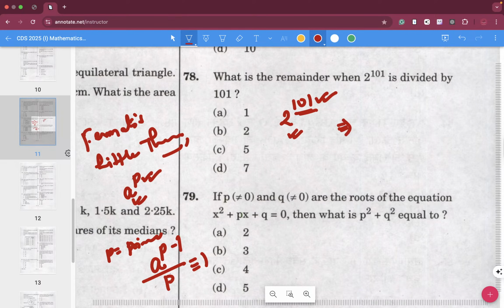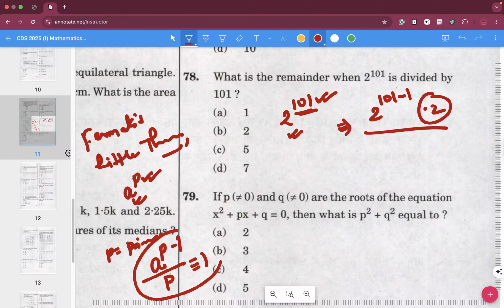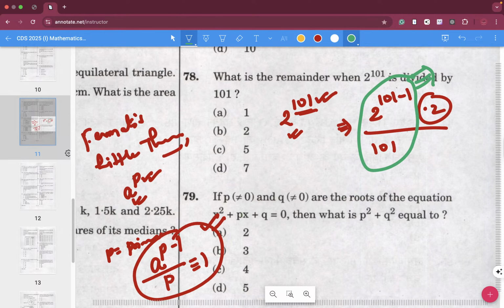So what does it mean? 2 raised to the power 101 is 2 raised to the power 101 minus 1, into 2; I'm writing it in this format. For 2 raised to the power 101 minus 1 divided by 101, the remainder will be 1, and for the other factor the remainder will be 2.